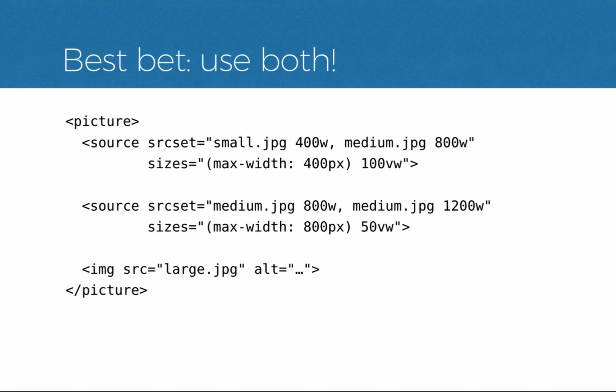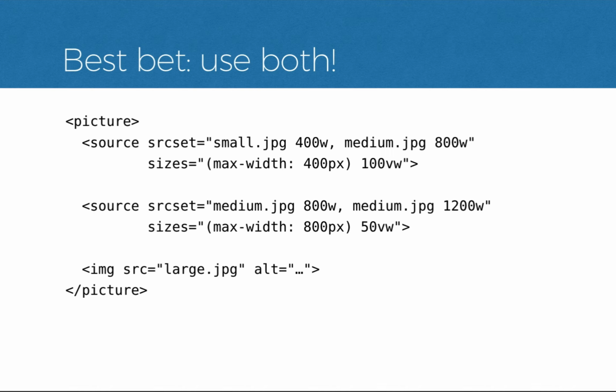So here we're using source elements to offer up two image source sets and make sure that they're constrained to max-width viewport sizes. So if it's a max-width of 400px, then you have the option of two images, but not the whole set. So a high DPI device would not end up requesting a very large image if they happen to have that viewport size.